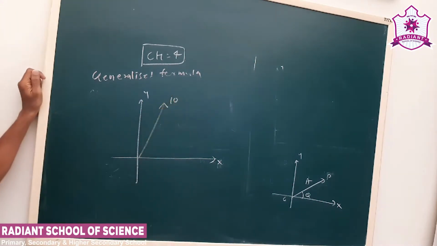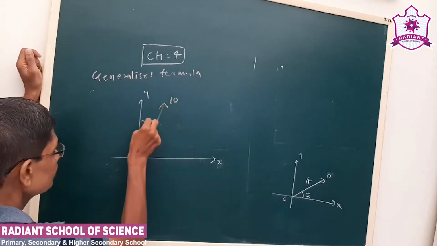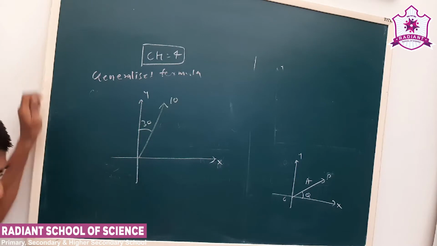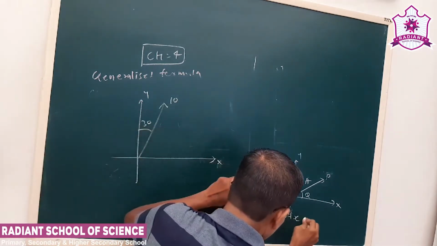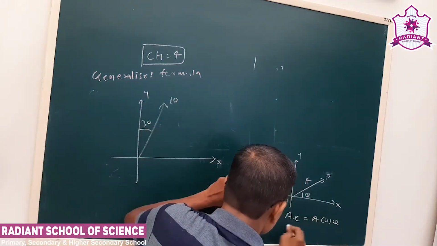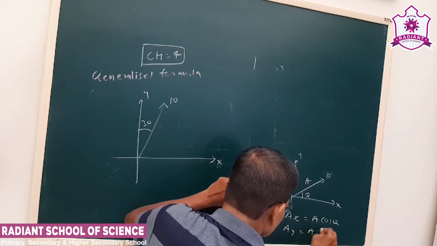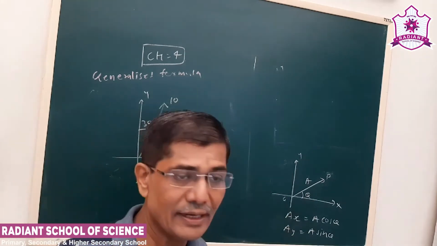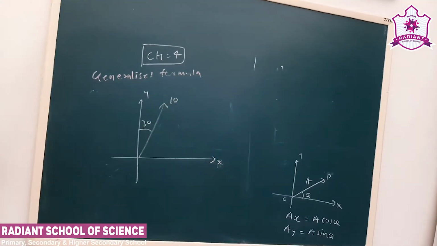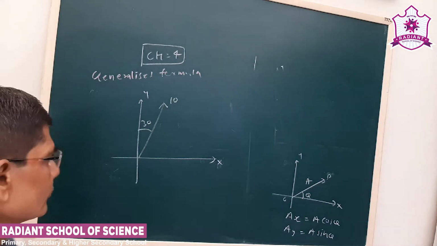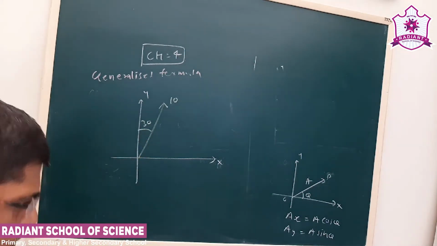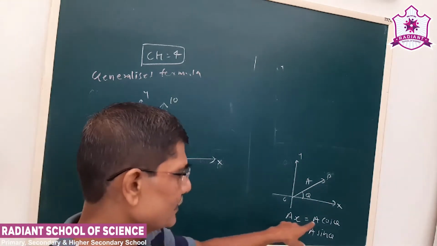Let the vector magnitude be 10. Now here, AX equal to A cos theta and AY equal to A sin theta is valid only when the angle is made with the x-axis. But suppose the angle is given with the y-axis. Then you cannot write AX equal to A cos theta.